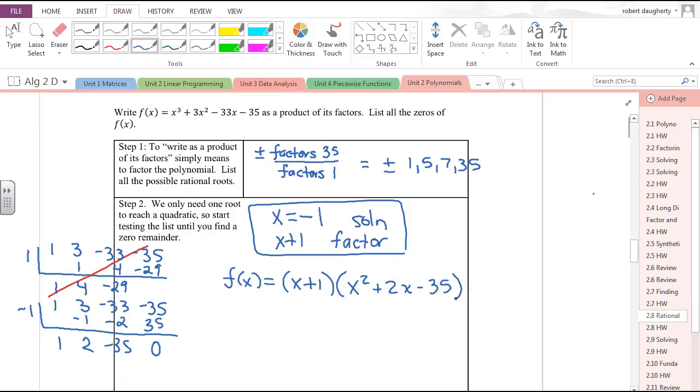Okay. So now I've factored the cubic into a linear term and a quadratic term, and then we're back to that skill that you've got to know, which is how to factor the quadratic. So two numbers that multiply to -35 and add to 2. Those numbers are what? Yeah, 7 and -2. Okay. 7 and 5. Sorry.